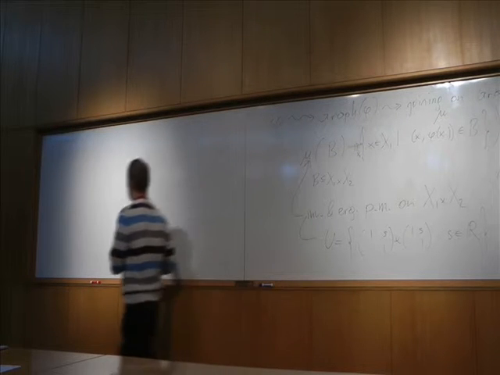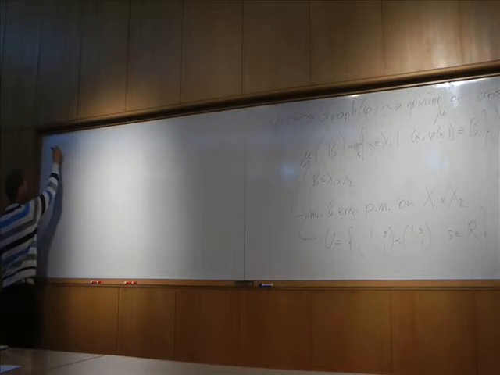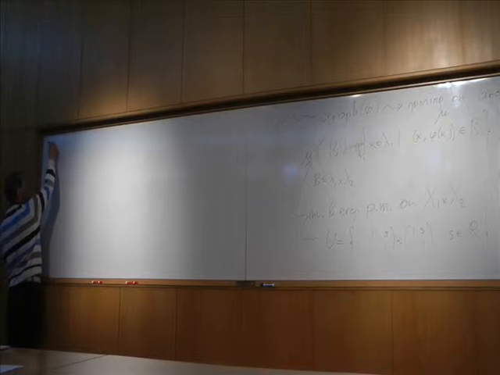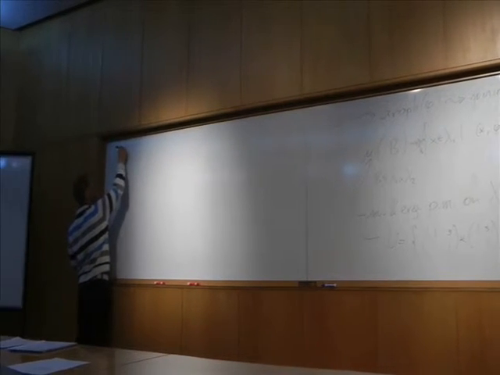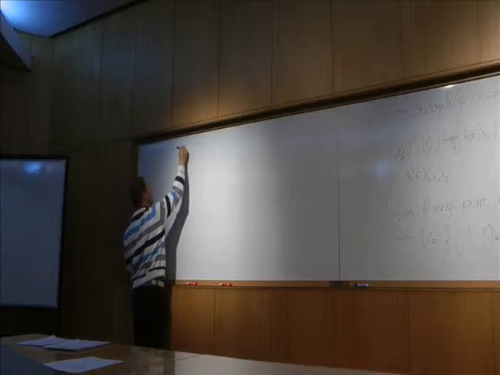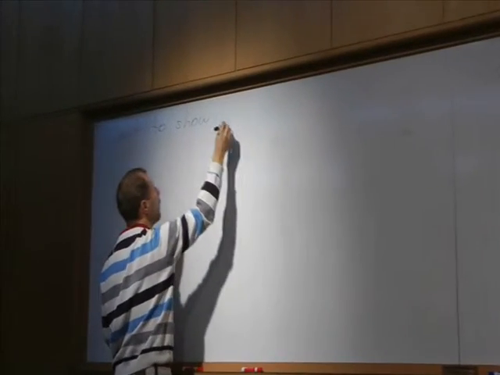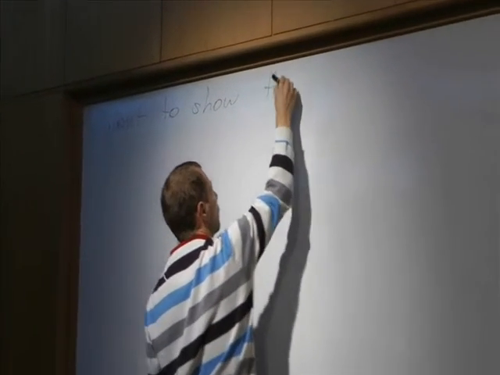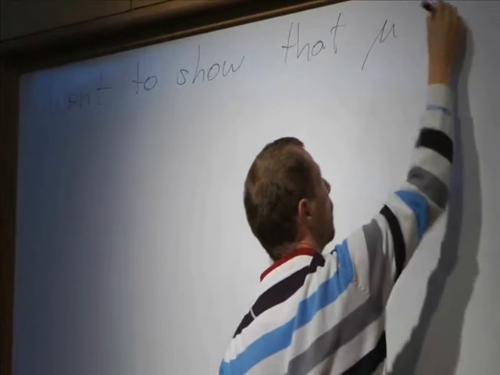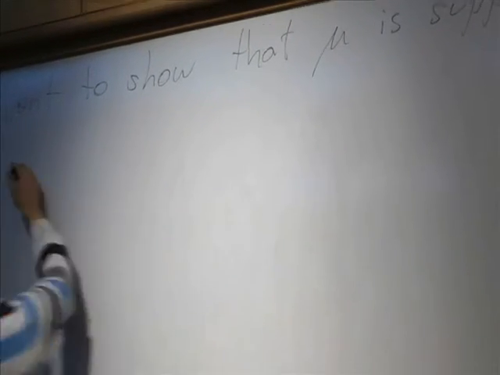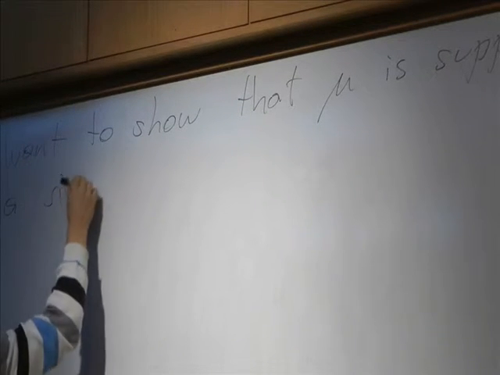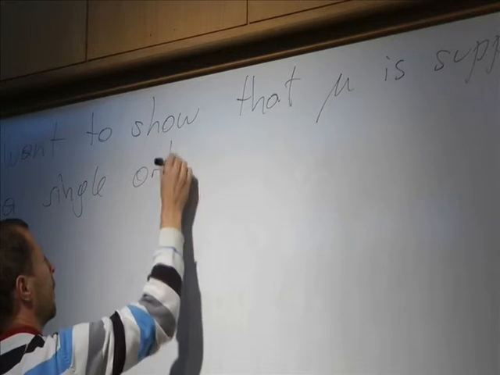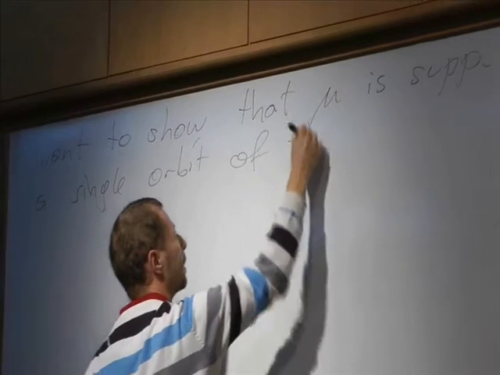Okay. Now of course we again look at the stabilizer. We want to show that mu is supported on a single orbit of the stabilizer.